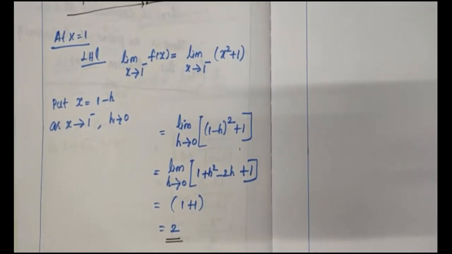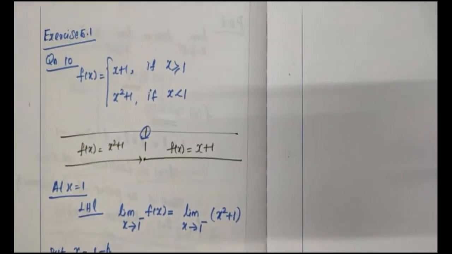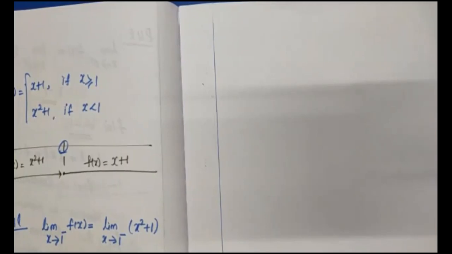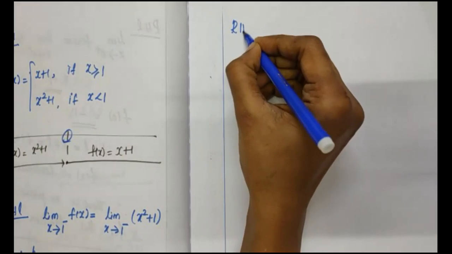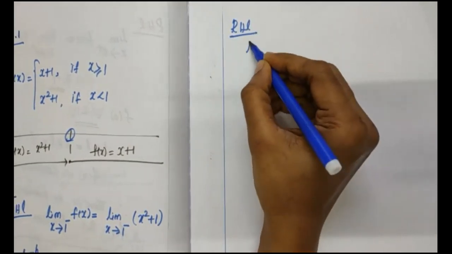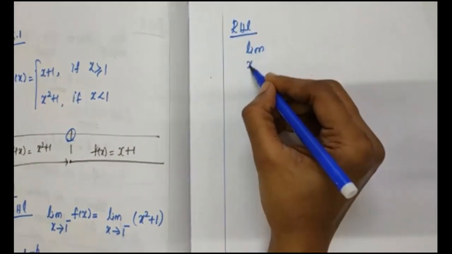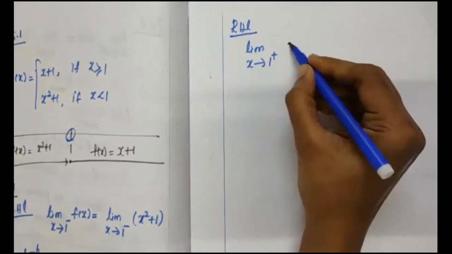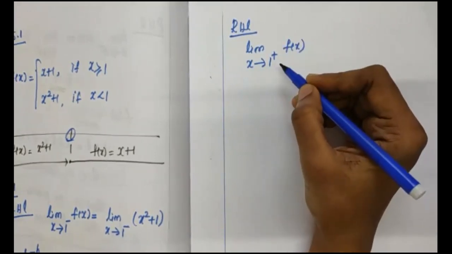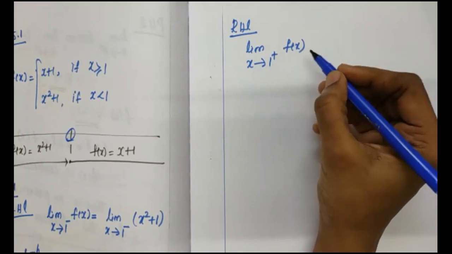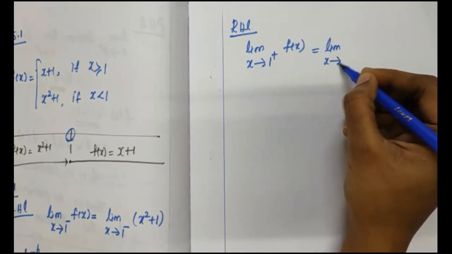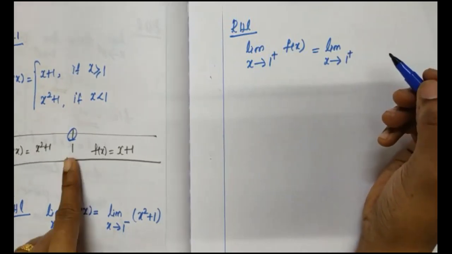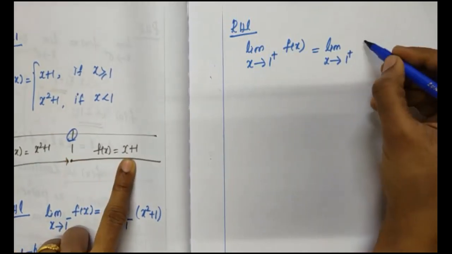Now the right hand limit. Right hand limit x tends to 1 plus f of x. 1 plus means we approach 1 from the right. This equals limit x tends to 1 plus. On the right side of 1, f of x value is x plus 1.